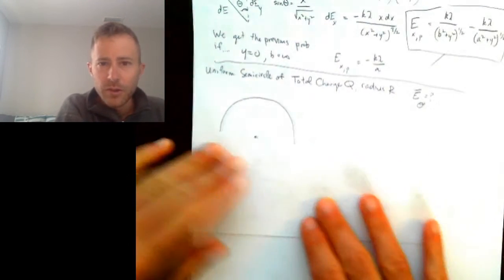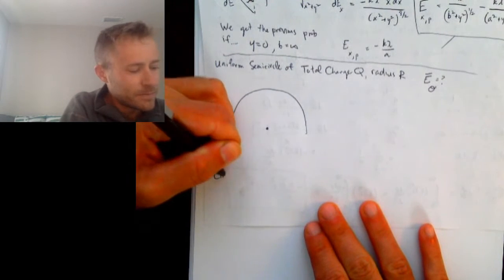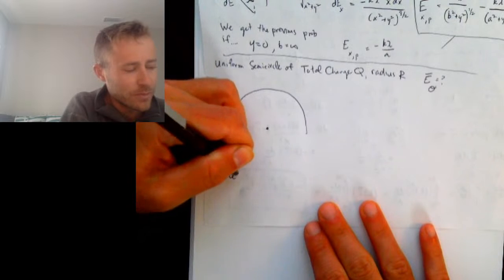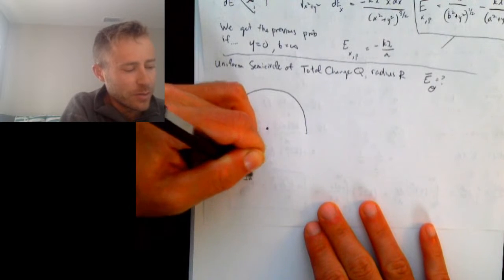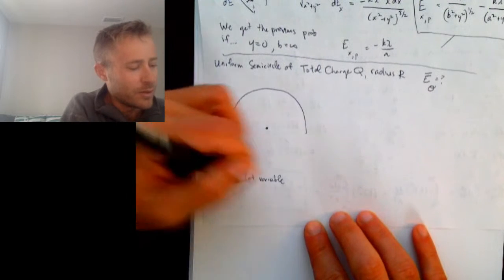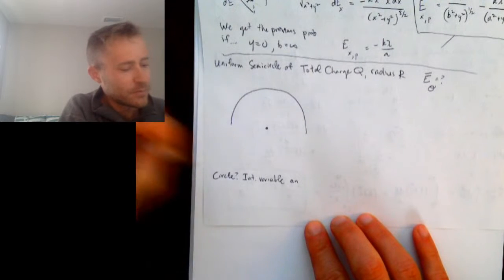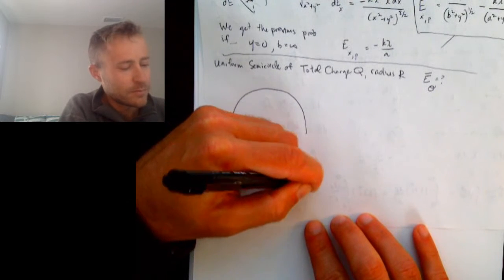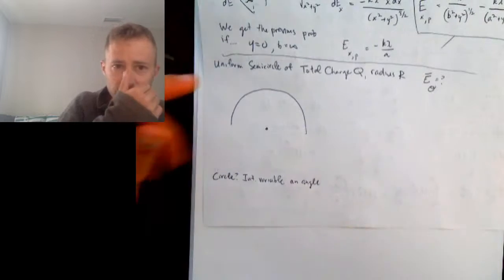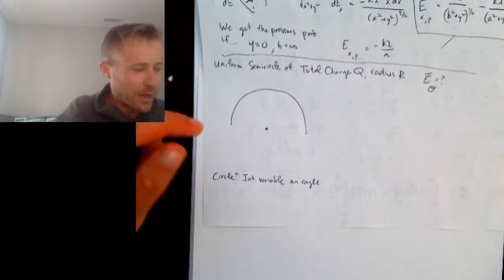Okay, so now here's a little trick. If you have a circle or a portion of a circle, your integration variable is going to be an angle. Because circles, you can locate where you are in a circle best using an angle.